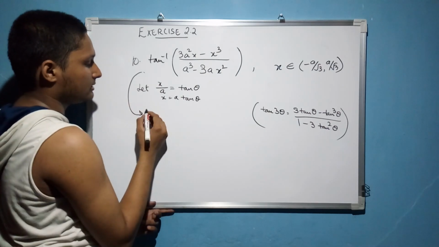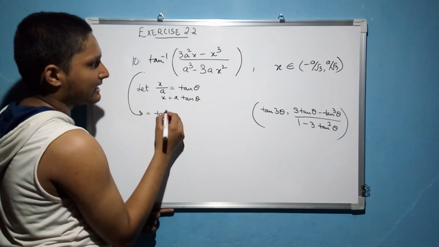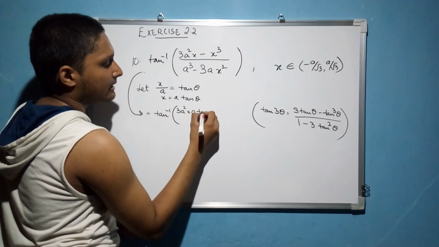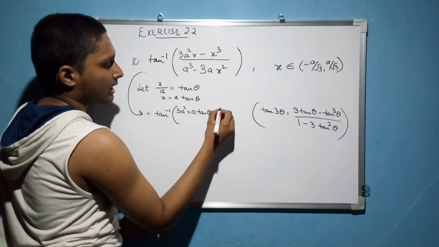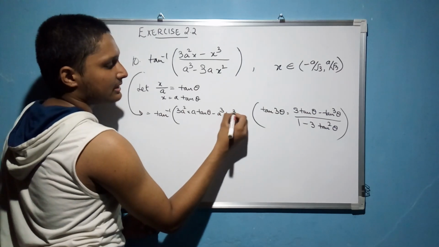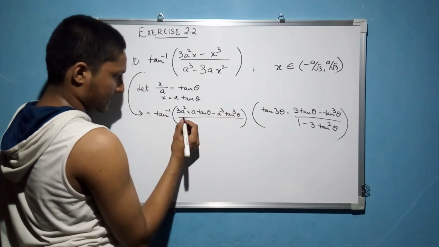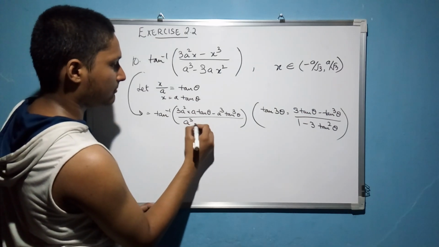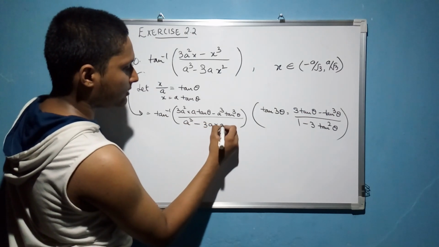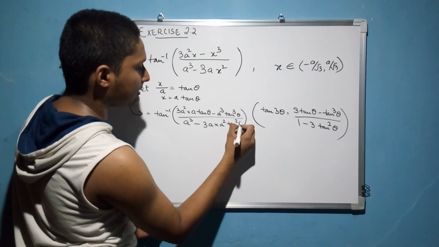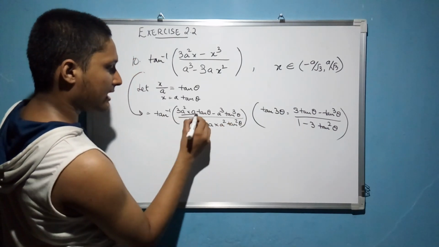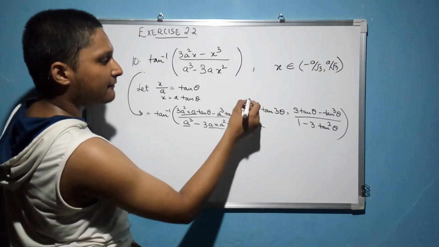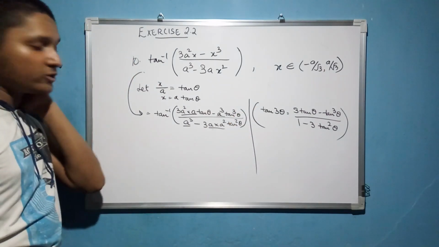So what does the substitution come up to here? This comes to be tan inverse of 3a square into a tan theta minus a cube tan cube theta divided by a cube minus 3a into a square tan square theta. Here you have a cube everywhere, so you can go on cancelling those a cube terms.